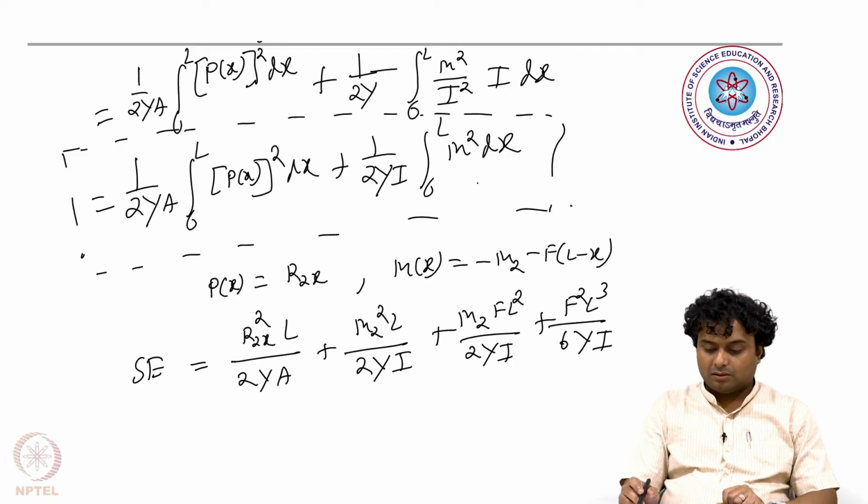This you can get by just putting the M values and the R2x and integrating it.